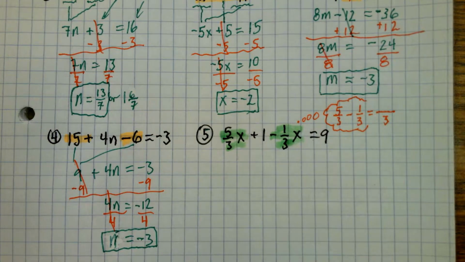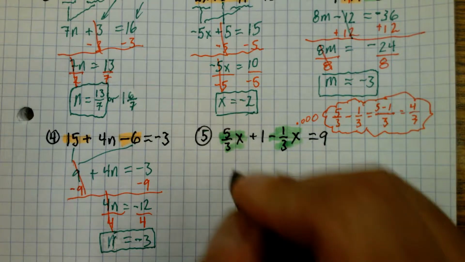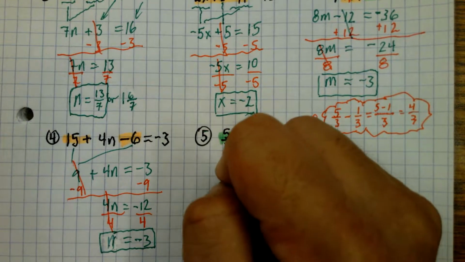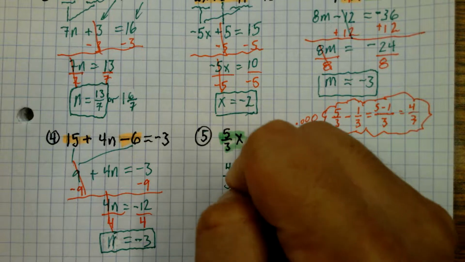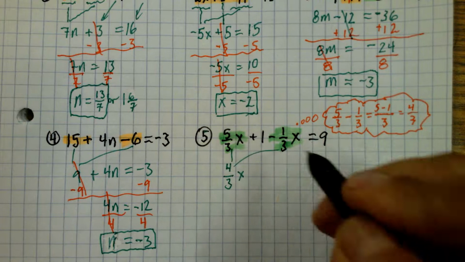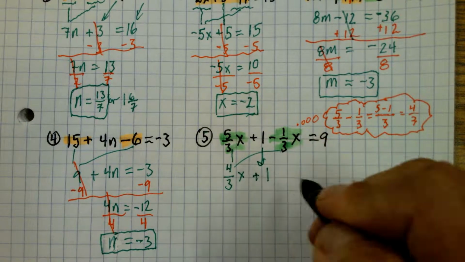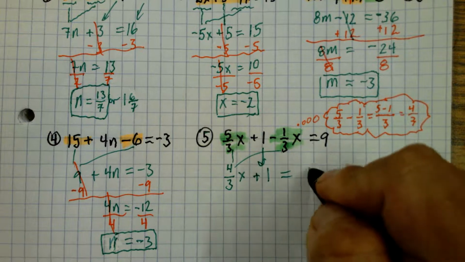Remember what we do when we're adding and subtracting with fractions. Okay, so we end up with 4/3 x when we combine these two. You still have to bring down the +1, and it equals 9.